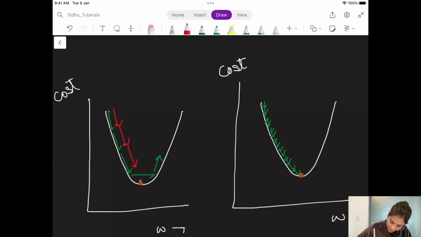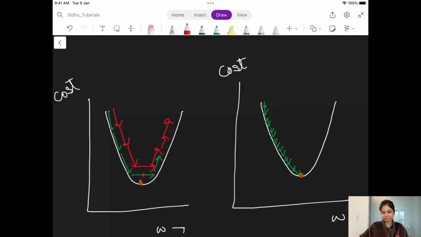To reach this point, we would need a smaller step, otherwise it will move forward and keep on changing the values of w, but it will never reach the minimum cost.